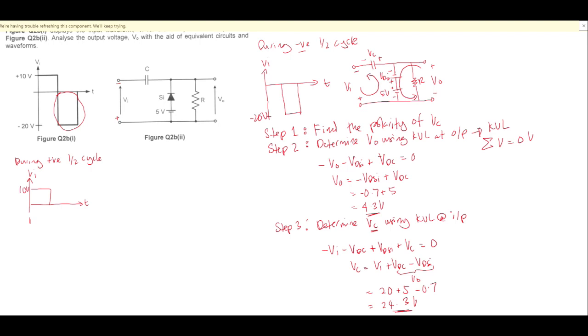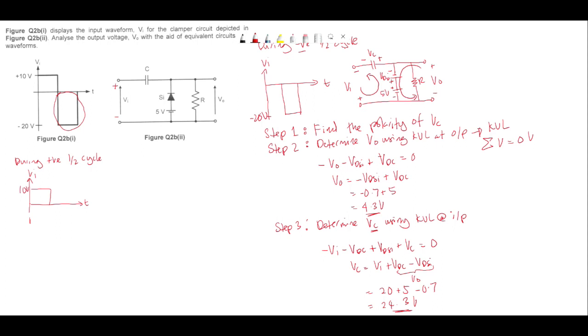So the next step is you need to draw the circuit. Just now for the negative half cycle, as I mentioned, you put the negative first, followed by positive at the bottom. But during the positive half cycle, you must put positive at the top and negative at the bottom.